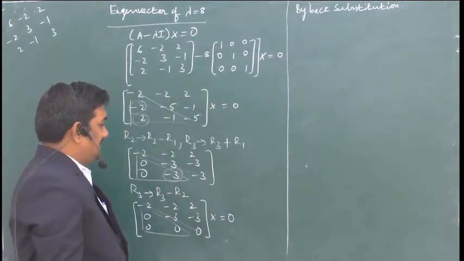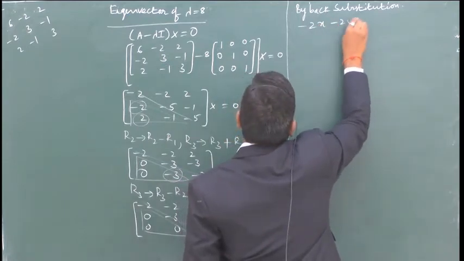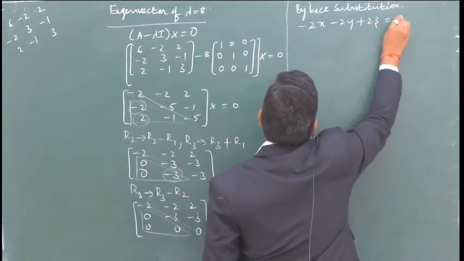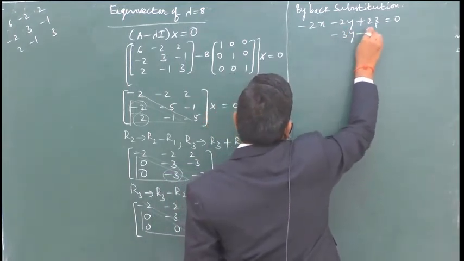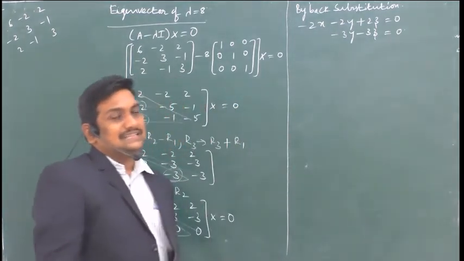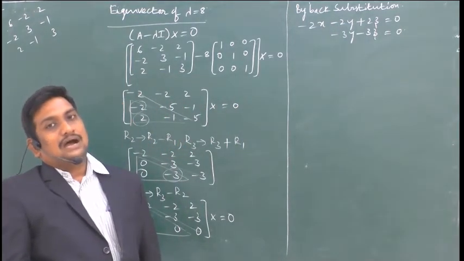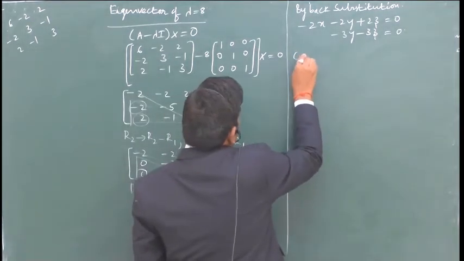Okay, it will be minus 2x minus 2y plus 2z equals 0 and minus 3y minus 3z equals 0. Now at this stage you need to consider a difference. The difference has two terms.